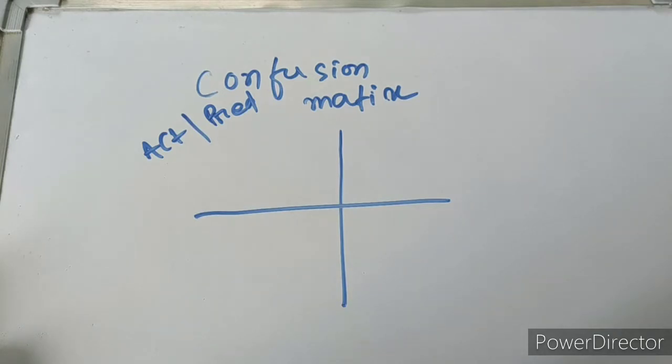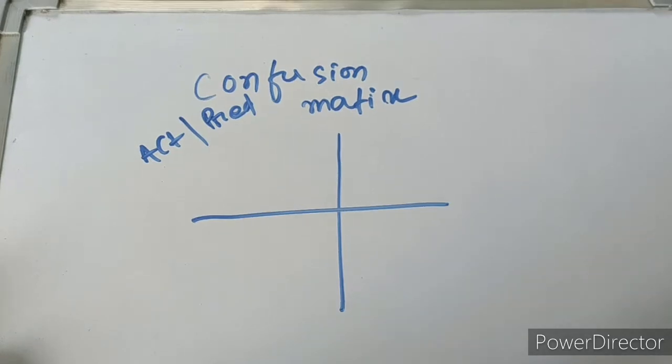I have already made a separate video on confusion matrix, true positive, false positive, true negative, false negative, and precision, recall, F-beta score. All such concepts I have already explained in a different video. So now in this video, let me just go through the terms again, so that I can implement the formula when calculating the ROC curve.